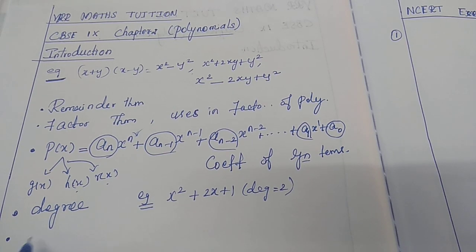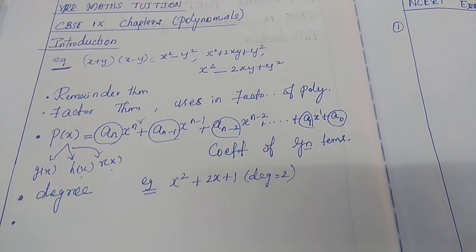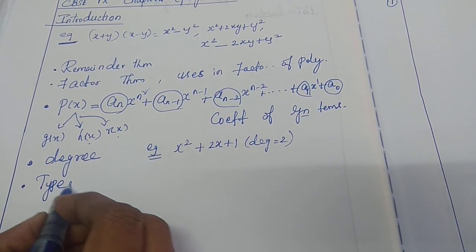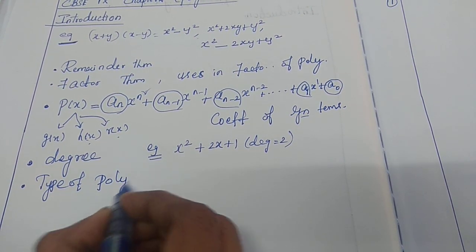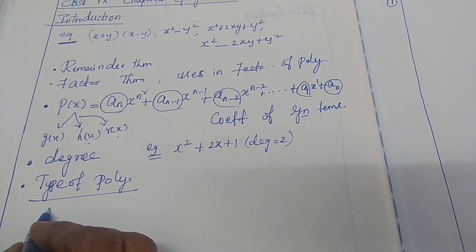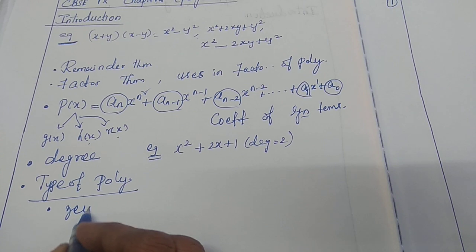And types of polynomials. The first one is a zero polynomial.